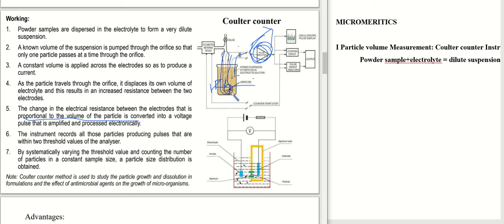Now this is again converted into the voltage and then it is amplified electronically, and then we'll be getting the final output. Now based on the impulses generated, we can know the volume of particle.